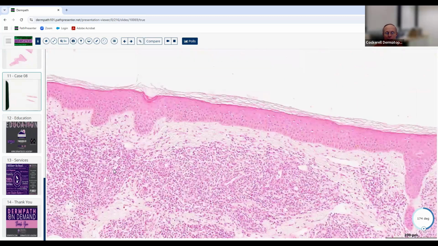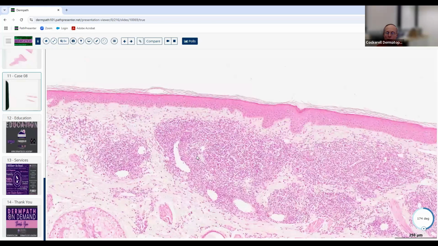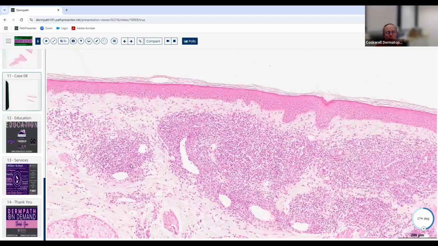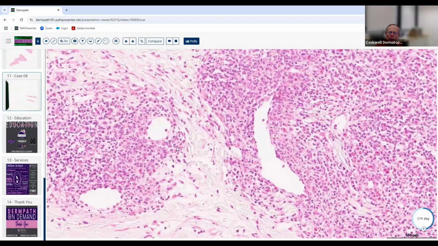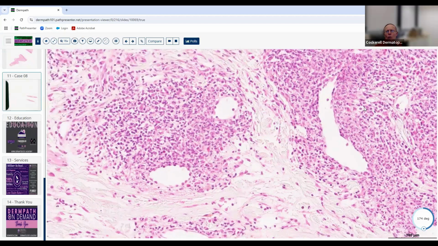If you see really an early case of EED, and I've seen this before when it was at the very earliest stage, it showed classic LCV, and then it evolved into this pattern of nodular lesions with eventually the perivascular fibrosis when the lesion's been present for a long period of time. You don't get as much of that perivascular fibrosis in GF as you do in EED. In EED, you also see extracellular cholesterol clefts, so it's a little different than GF, but histologically they look pretty much the same.